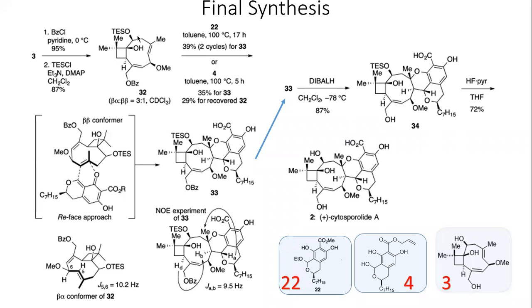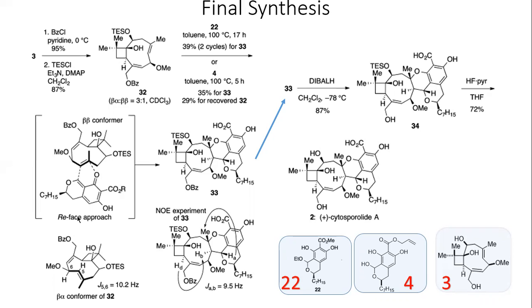So once they got to here and protected the alcohols, the next step was to actually do the hetero Diels-Alder reaction, right? And again, this is your diene right here, and you can see it right here. You had to rearrange those, but you can see right here, and then that diene, the hetero Diels-Alder happens here, right?